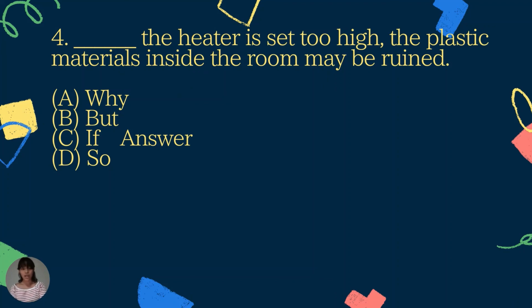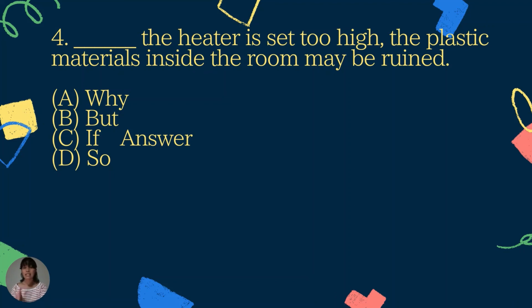C, if. If is a conjunction that is used when talking about something that might happen or something that is true or something that might have happened. So if is used when you have a statement and you have the effect, which is what we're talking about in number 4. So your statement is the heater is set too high and the effect may be plastic materials get ruined.